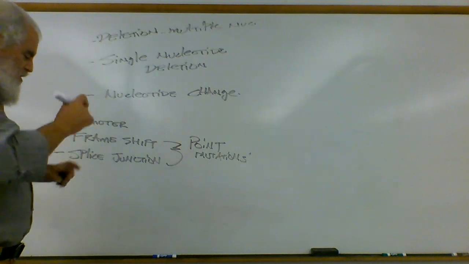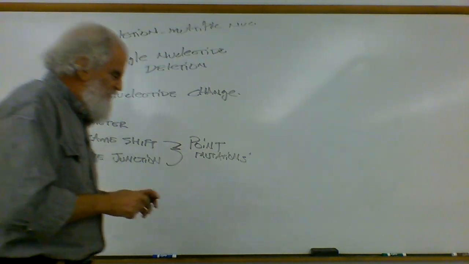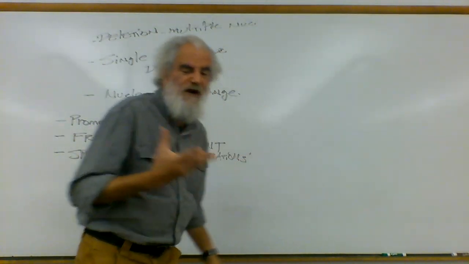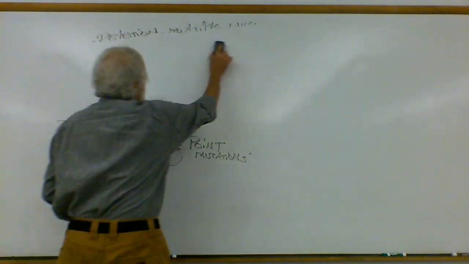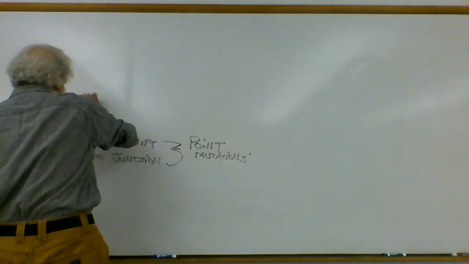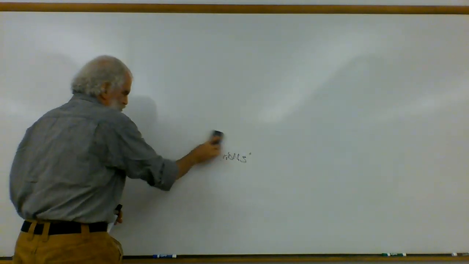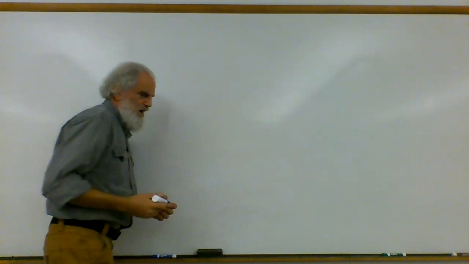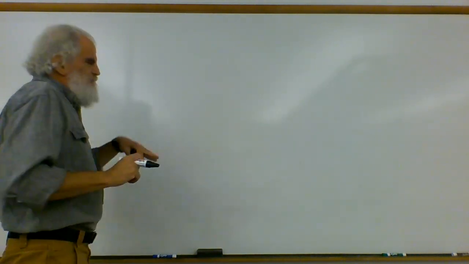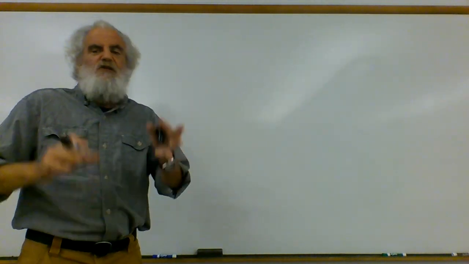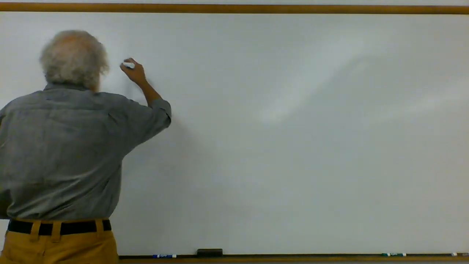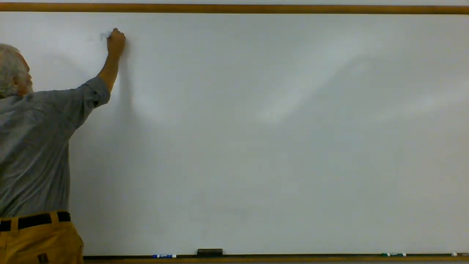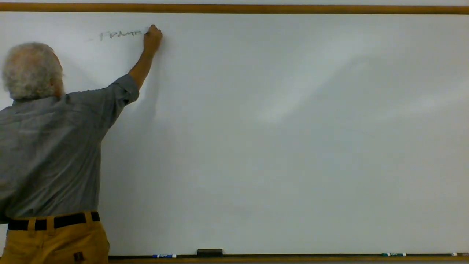So what we end up with then is mutations that fall into a pretty defined set of categories. And we can really begin to learn a lot about the way a protein is functioning by doing mutagenesis analysis. So if we just list the sorts of things that can happen to a gene with mutation, we end up with this. We can have a frame shift.